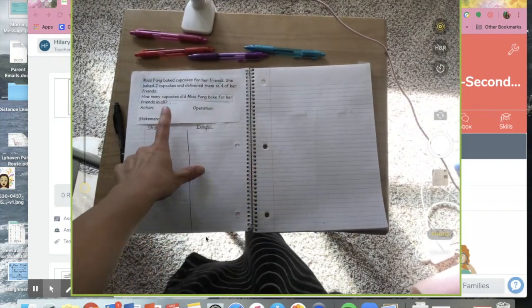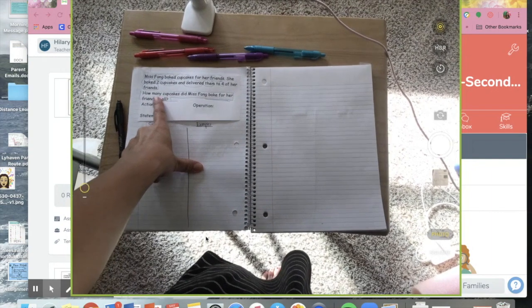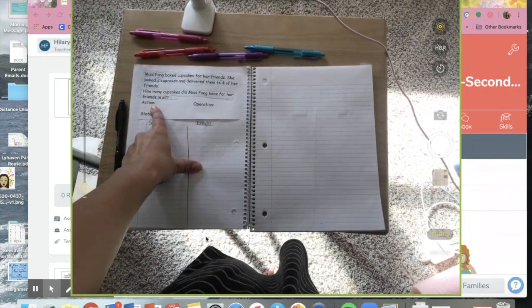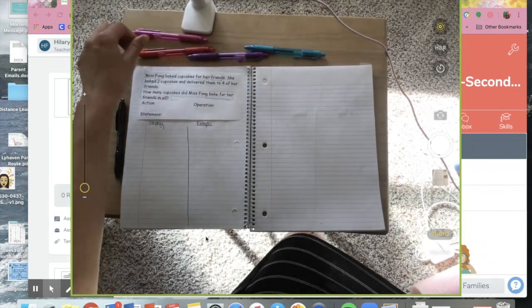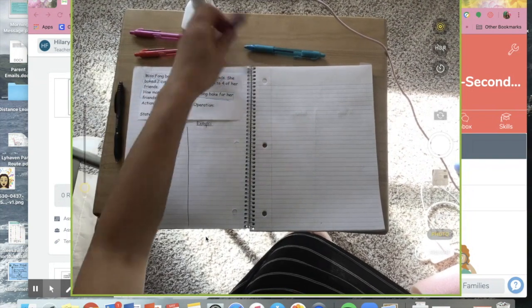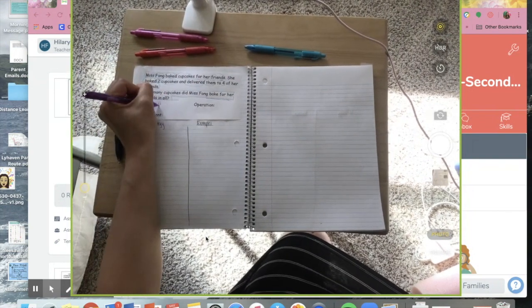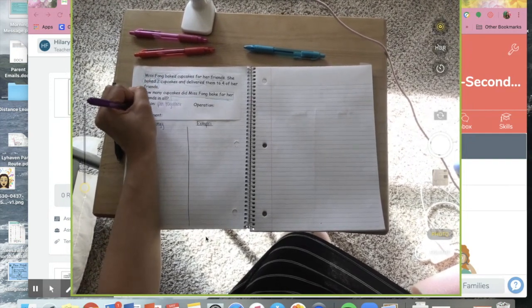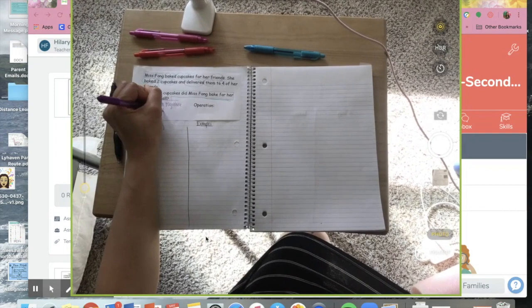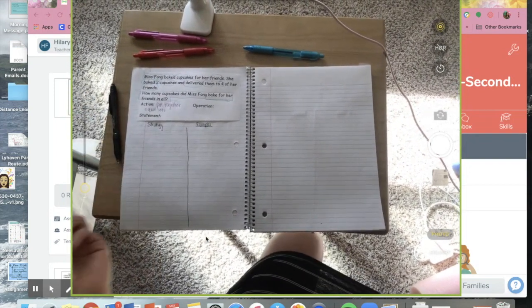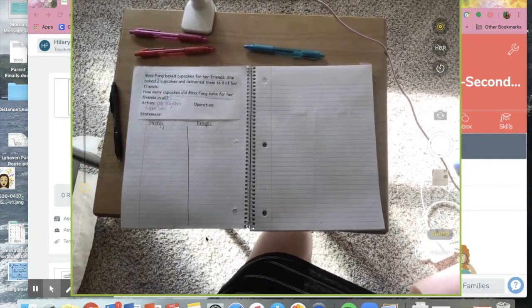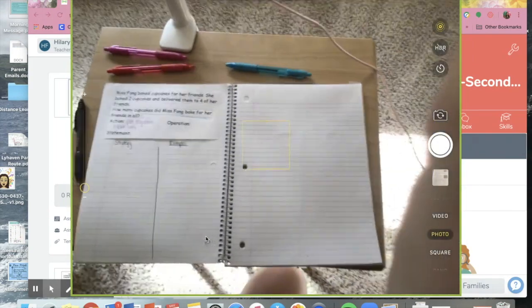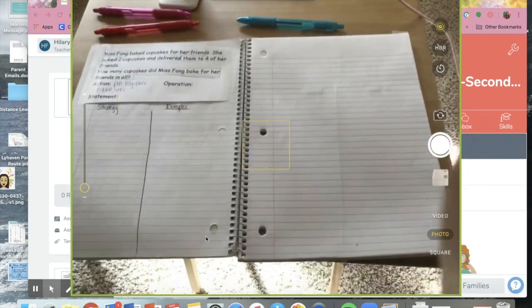So the action is put together equal sets. So I'm going to write that right here. And remember, put together equal sets. Let me move this closer so you can see what I'm writing. Hopefully that's better. There we go.